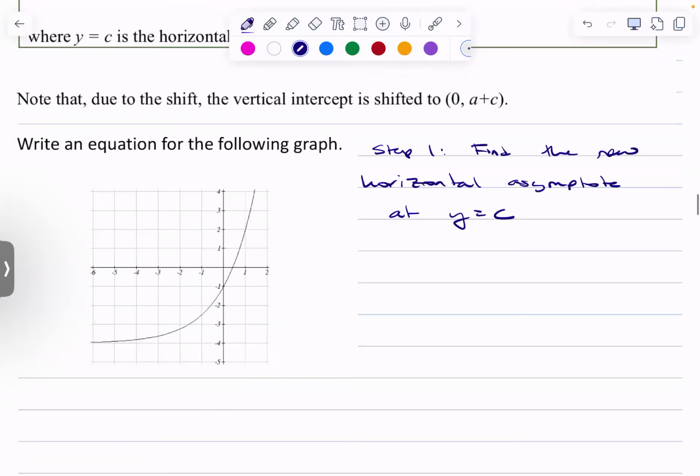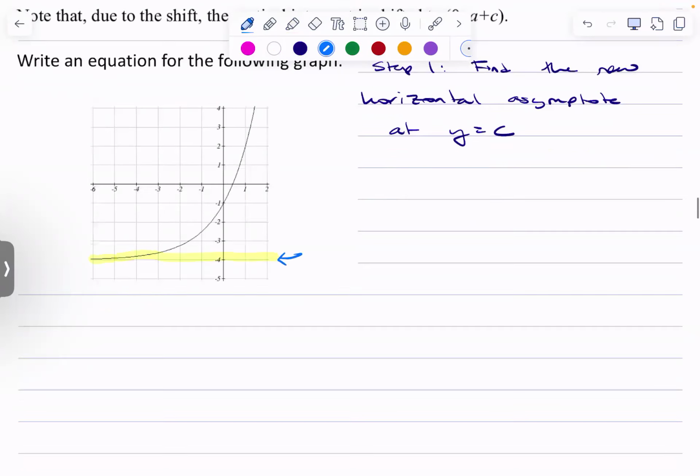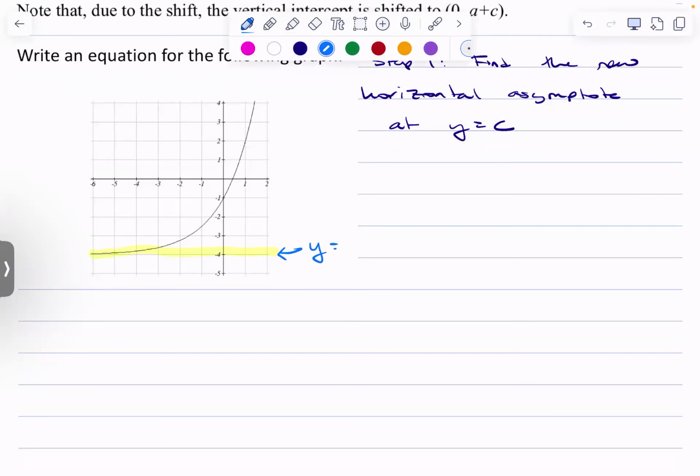Well, now in this case, I see that I have a new horizontal asymptote at y equals -4, which means that c must be -4.